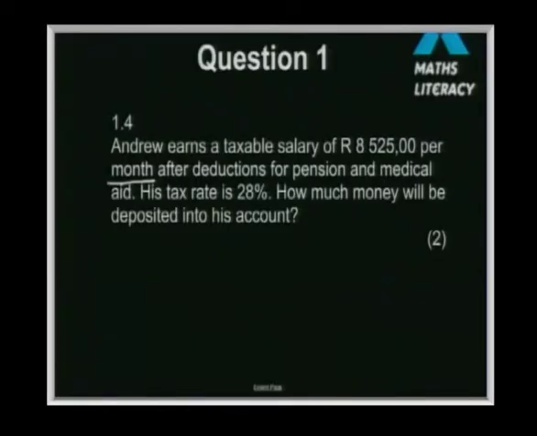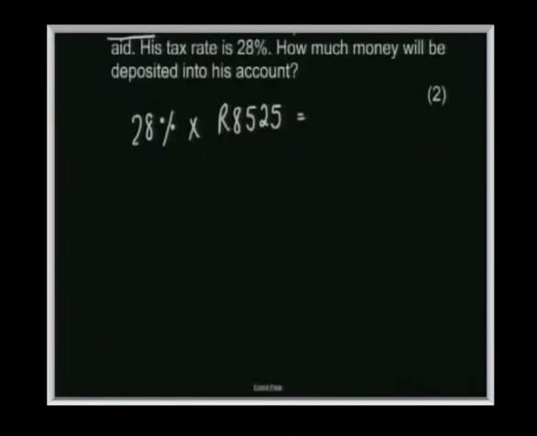So we need to find out what the 28% of his taxable income is. So that's going to be 28% of 8,525 rand. So let's work that out. 28% of is usually times 8,525 rand. The best idea is to use your calculator.